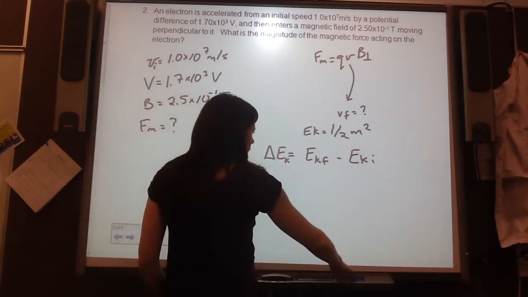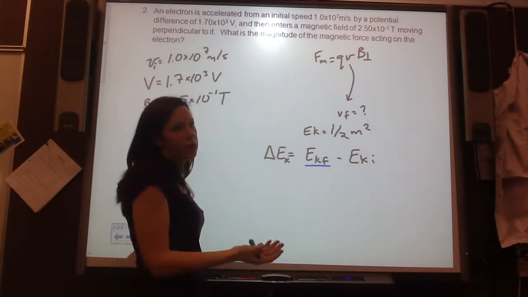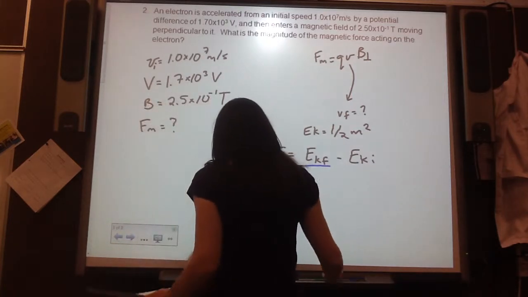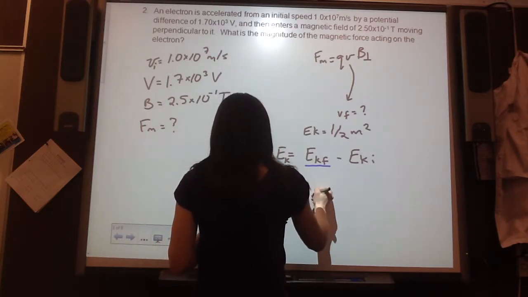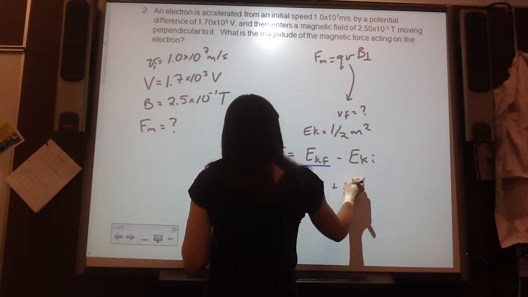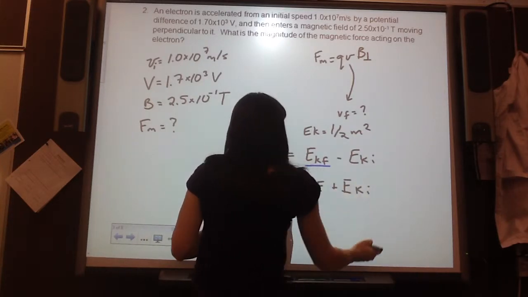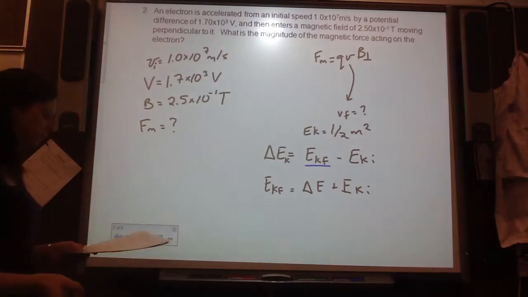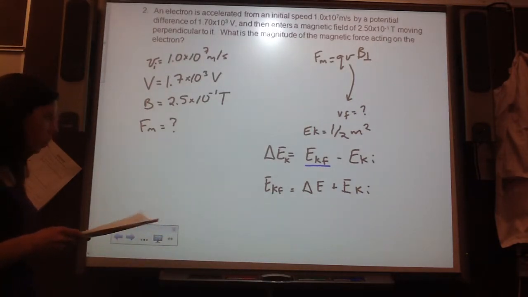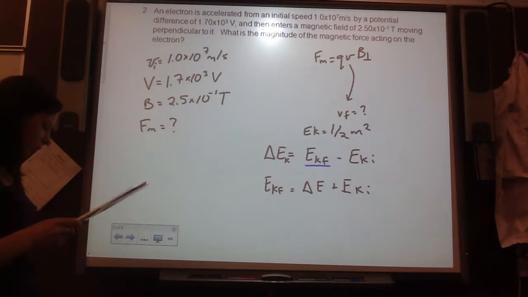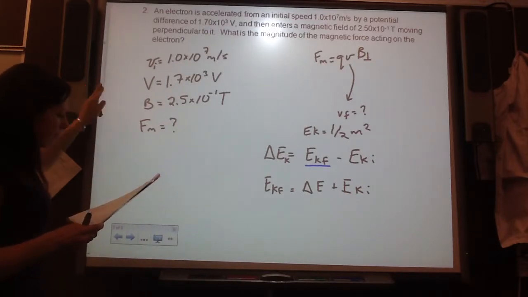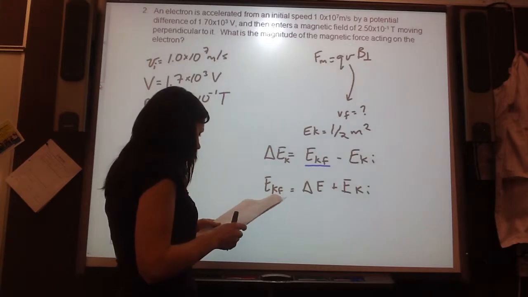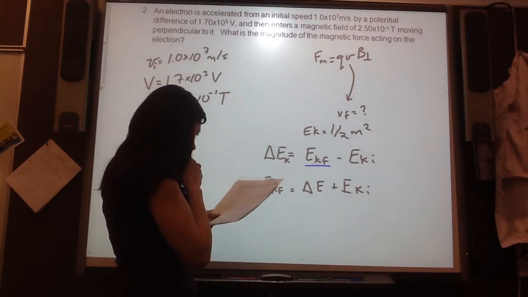So if I need to solve for EK final so that I can find v final, I'm going to rearrange this: EK final is equal to delta E plus EK initial.